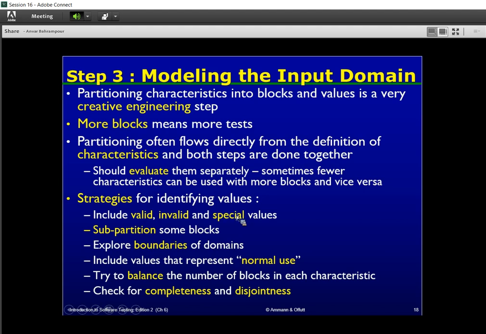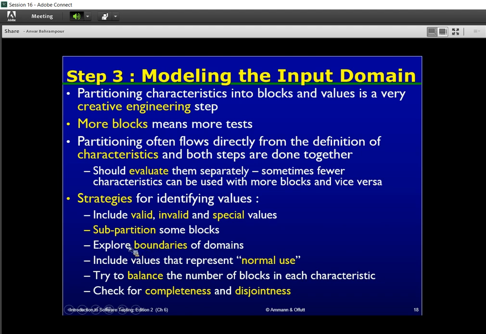Or in the interface-based approach, we used a special value, a zero value. We could use this strategy. We could partition some blocks more, with more details and more characteristics.